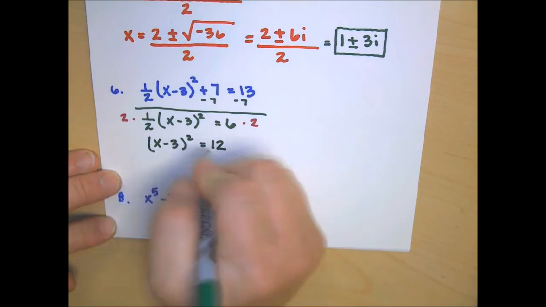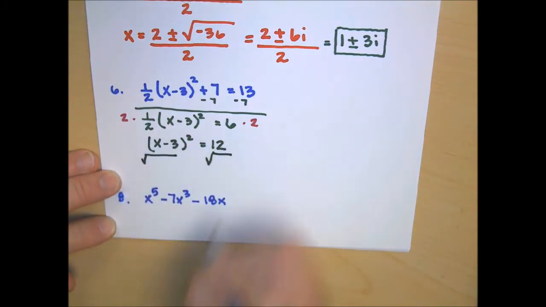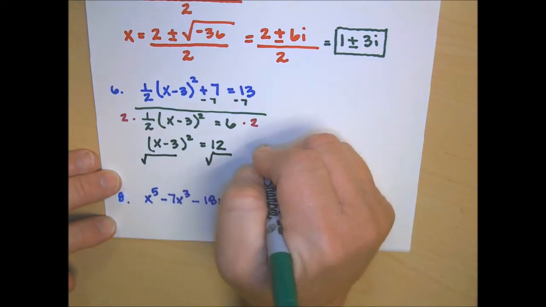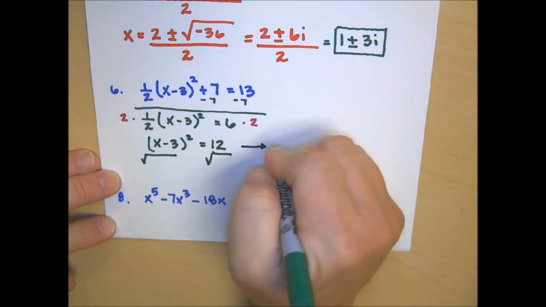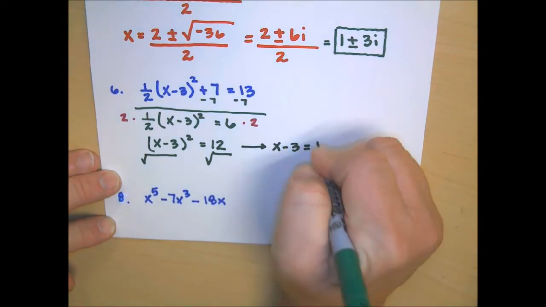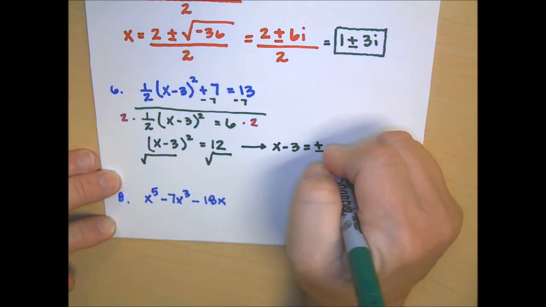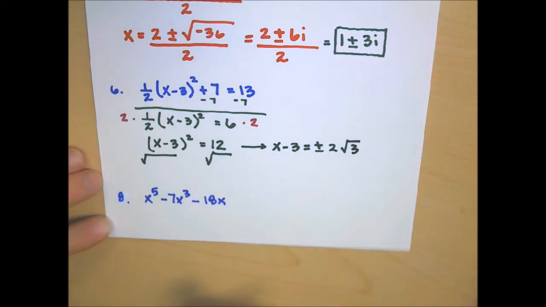My next step is the square root step. And what I'll be left with at that point is x minus 3 equals plus and minus 2 root 3, because that's what the square root of 12 is.